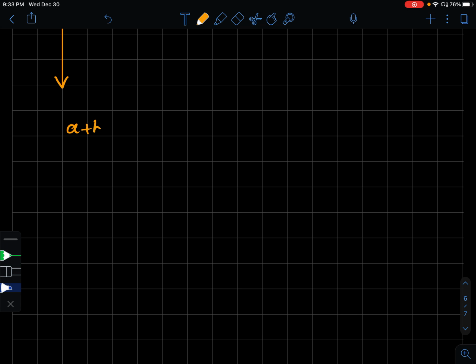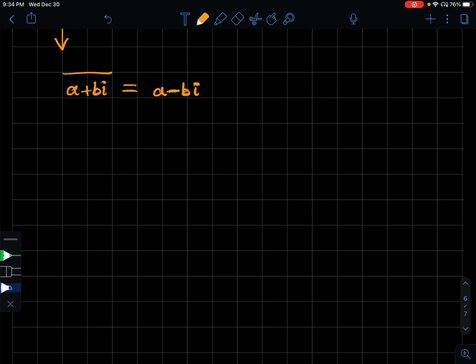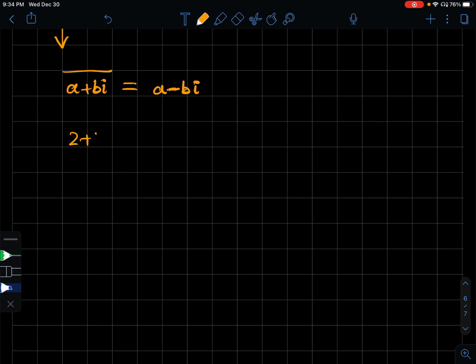So the conjugate of A plus BI, denoted by a bar above it, is equal to A minus BI. So if we take 2 plus 3i as an example, the conjugate of 2 plus 3i would be 2 minus 3i.